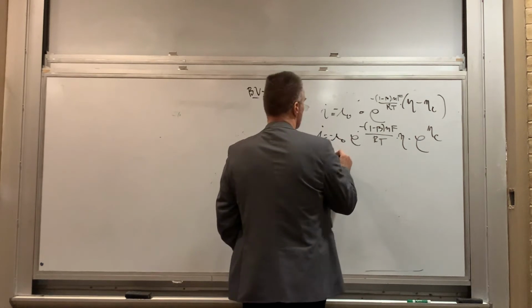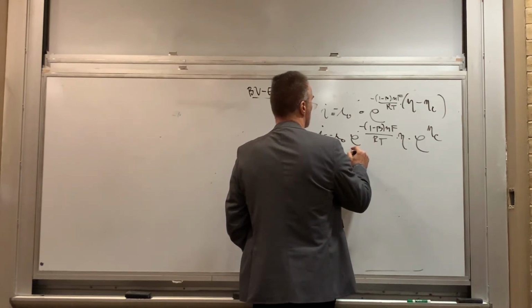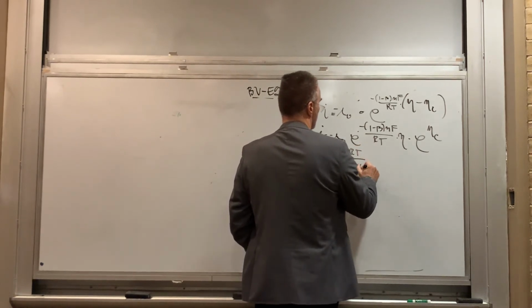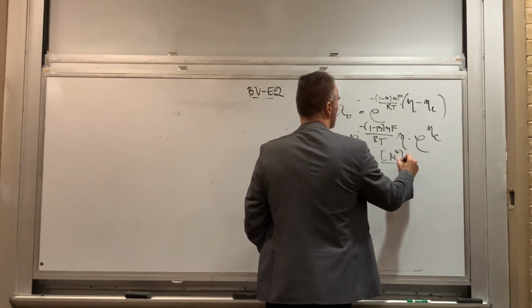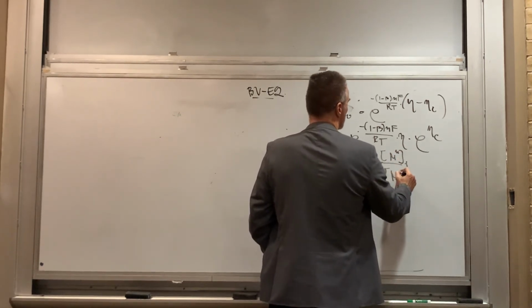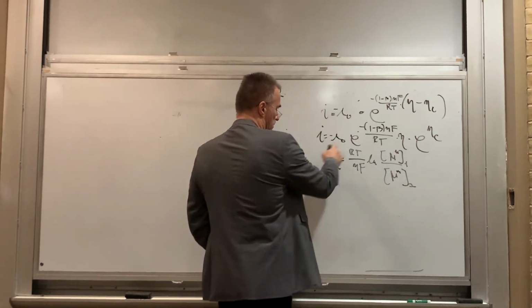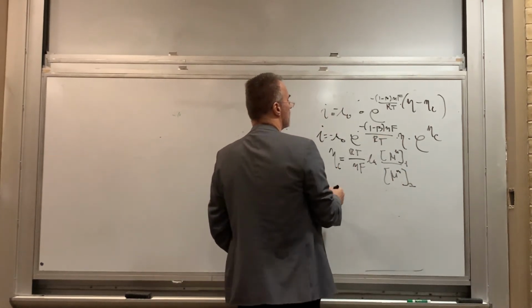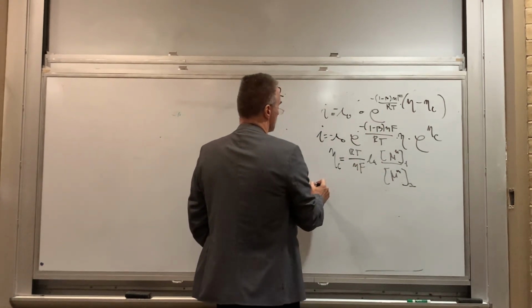Now, eta c, I just told you, is equal to RT over nF ln metal concentration at the interface divided by metal concentration in the bulk. So when you put this here, you're going to have this multiplying this, and so it's going to look a little bit messy.